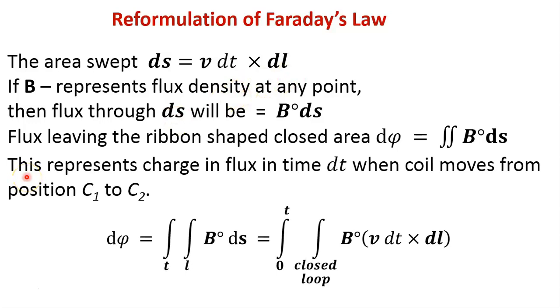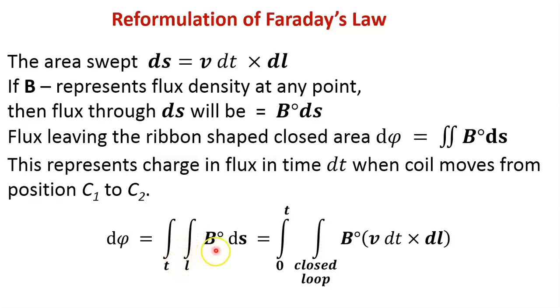Now when we are displacing a single turn coil from position C1 to C2, the flux cut d phi will be double integration B bar dot ds bar. First integration we have to operate over dt, and second we have to operate over the length of the conductor.